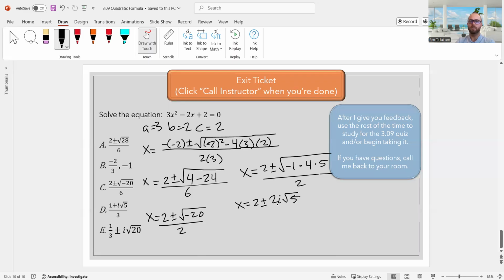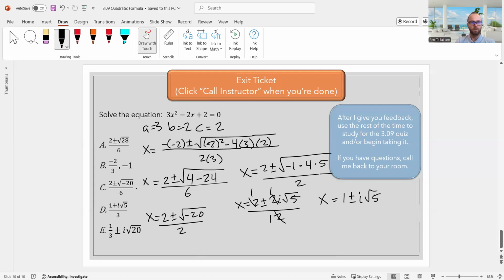Familiar, right? We had that same thing before. And we have common coefficients, don't we? The constants and coefficient are all 2, so 2 goes into all of those one time, meaning your final answer will be 1 plus or minus 1i square root 5 over 1. Or we don't even need to show that it's over 1, right? So this is our answer.